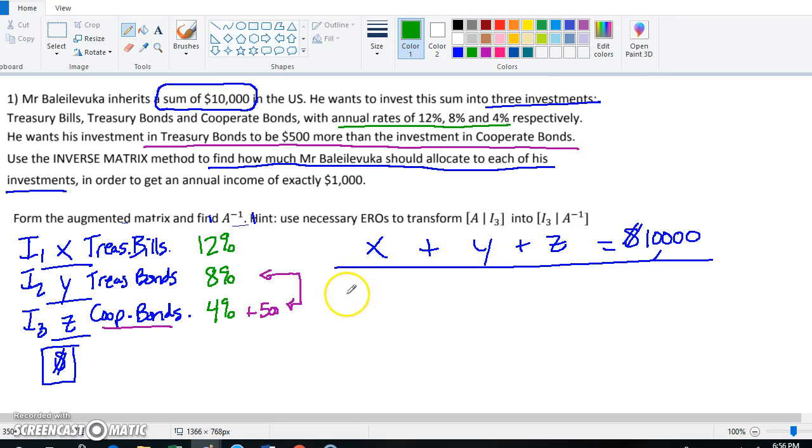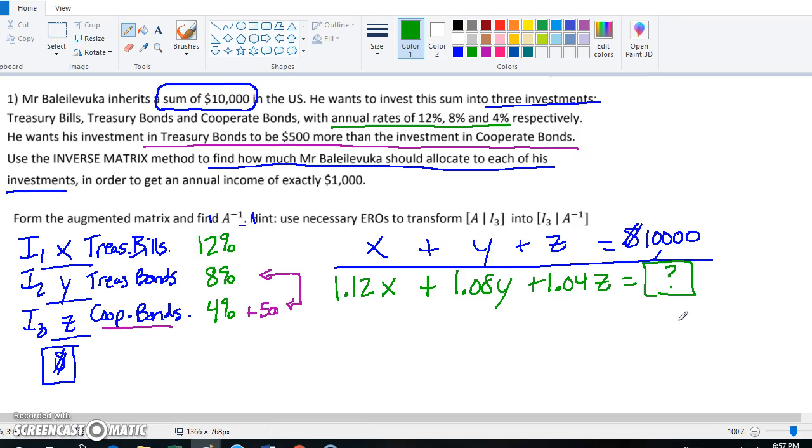I mean, I could say, if these are rates, like if I put in $100 and I get 12% on treasury bills, that means I'm going to have $112 at the end of the investment period. So does that mean I do 1.12x plus 1.08y plus 1.04z? Question is, what is this number?